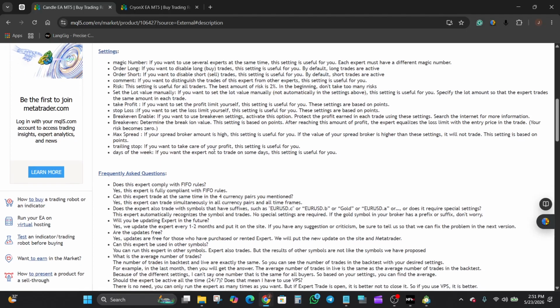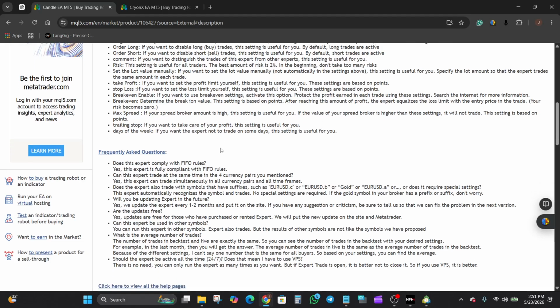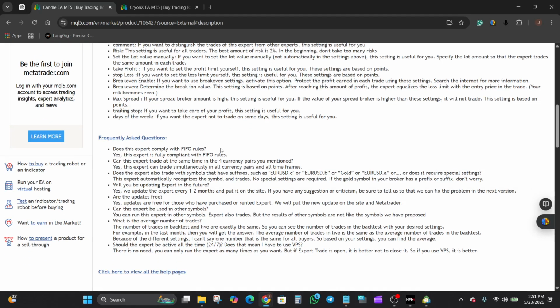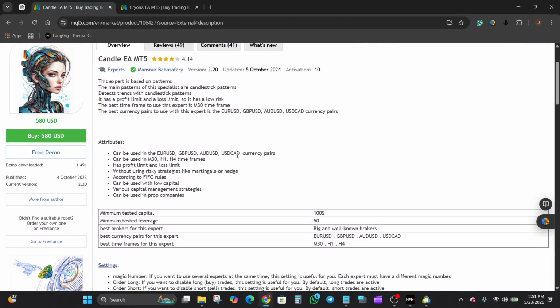Another useful control is the max spread filter, which prevents the EA from trading when broker spreads are too high. That helps avoid entries during unfavorable trading conditions. Now, moving into the backtesting section, the EA is clearly designed to work across multiple recommended pairs and time frames.